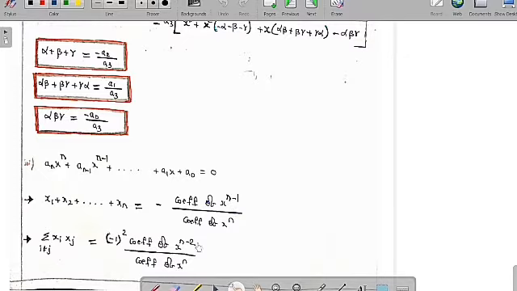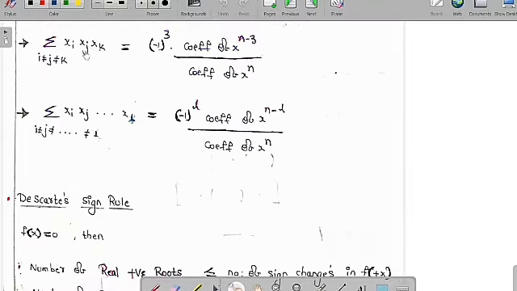Here minus 1 whole squared means it has to be n minus 2. Suppose we take the summation of the product of three different roots, which is minus 1 whole cubed, because we are taking the product of three roots, so minus 1 whole cubed into the coefficient of x to the power of n minus 3 by the coefficient of x to the power of n.